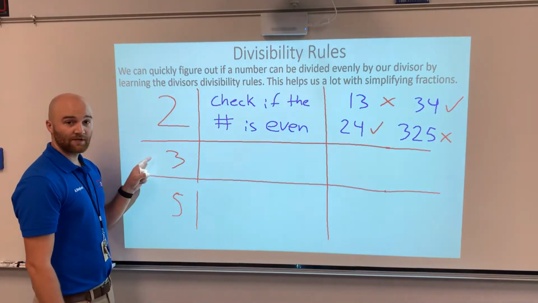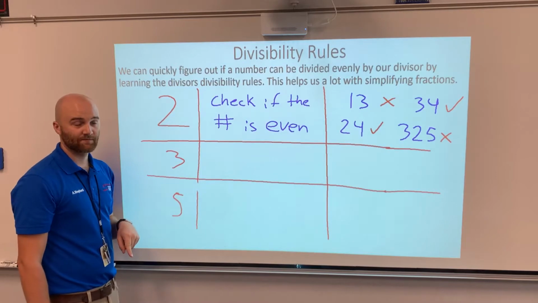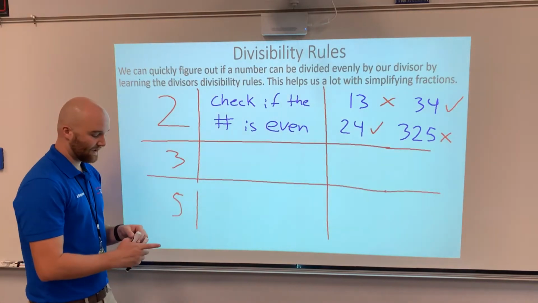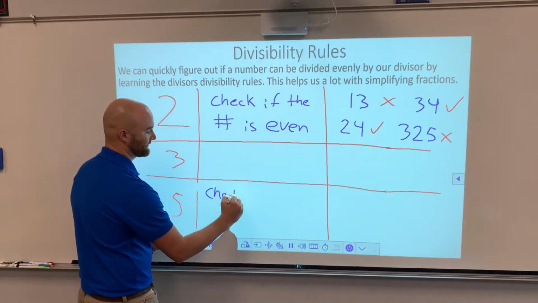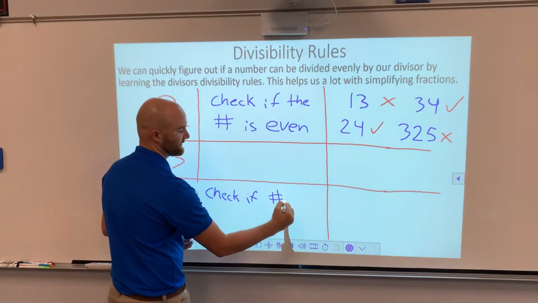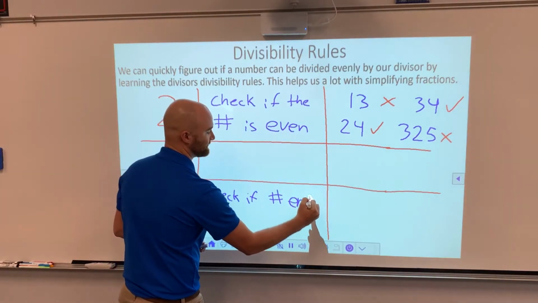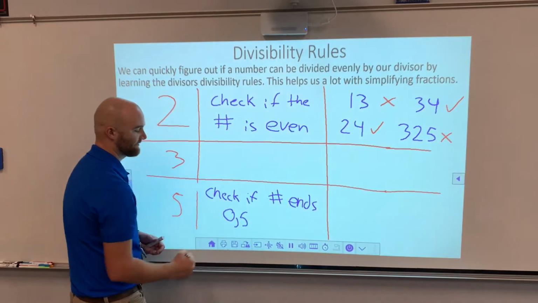Let's skip 3 for right now, and let's do 5, because 5 is the easiest one. For 5, all we have to do is check if the number ends in a 0 or a 5.